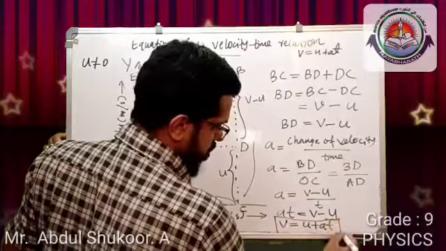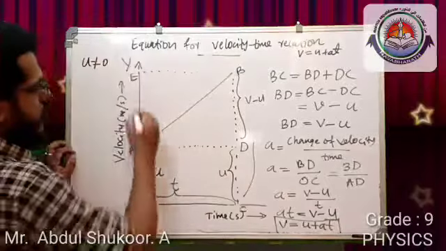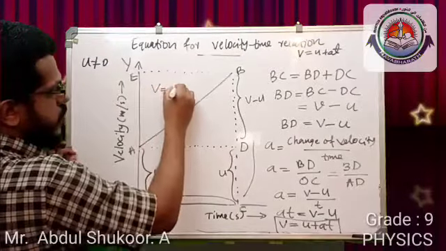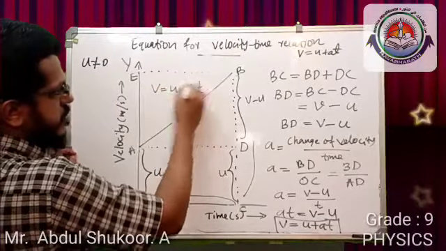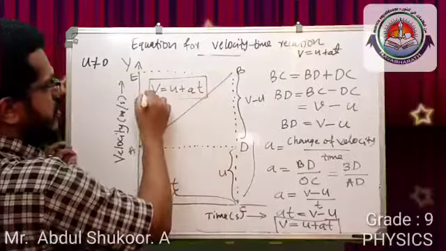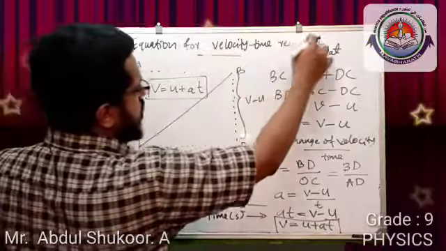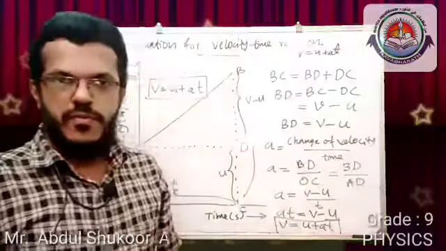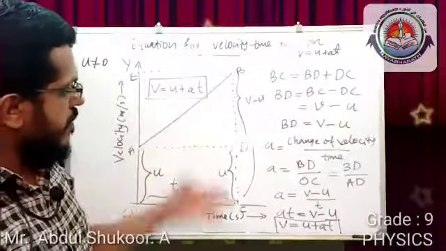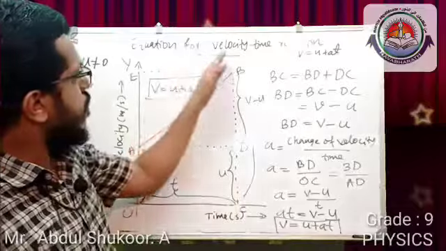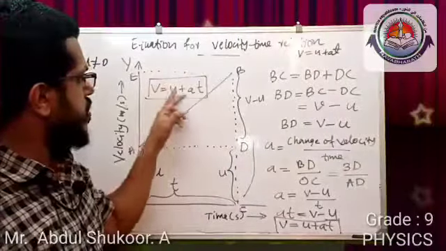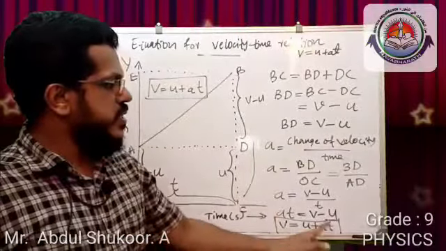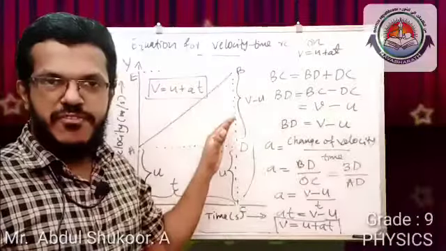That is the first equation of motion, V is equal to U plus AT. This is the equation for velocity time relation, which we derived from this graph.